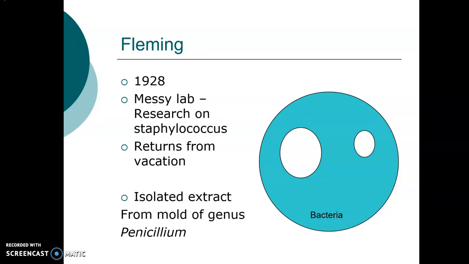It's really not teal in real life, I just made it that color. But anyway, he would have expected that bacteria to completely cover the plate as it was undergoing exponential growth. But he found some gaps in there. And so as he studied what was in those gaps, he found a fungus or a mold, and it was excreting something that prevented the bacteria from growing. So kind of the first of the antibiotics.